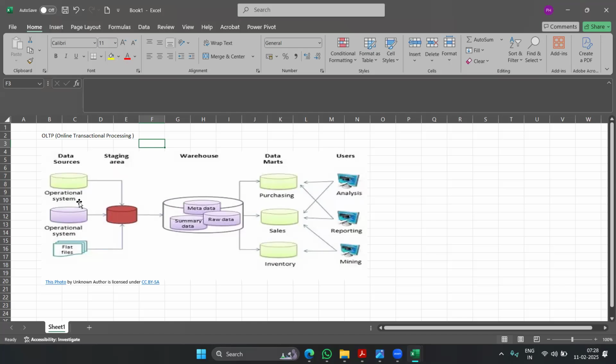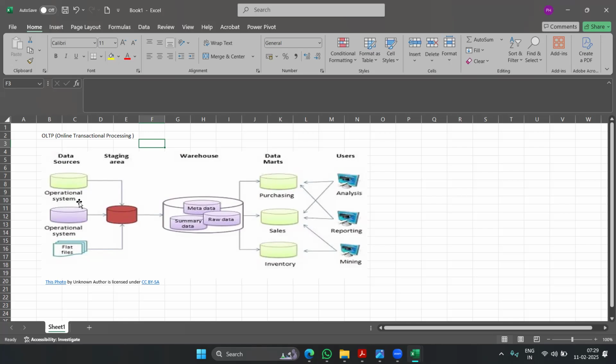Now, at some point of time, we started seeing performance issues because the same system is supposed to work for the online systems where front-end users fill in all the transactions, and there is a person sitting in the administration office who is trying to pull reports by pulling the entire data, right?